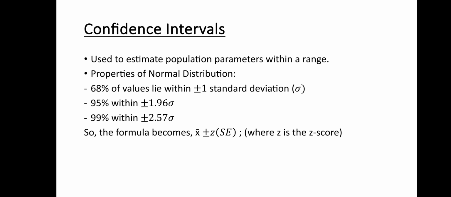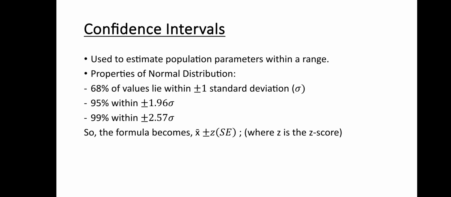About 95% falls within plus minus 1.96 times standard deviation, and about 99% falls within plus minus 2.57 times standard deviation. This leads us to the general formula for a confidence interval, which is sample mean plus minus z times standard error, where z is the z-score corresponding to our desired confidence level.